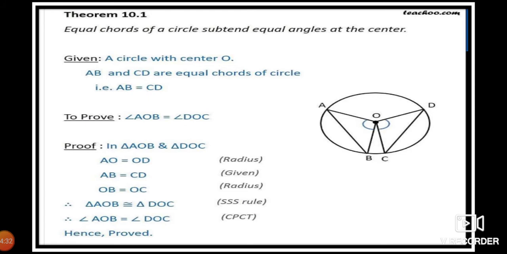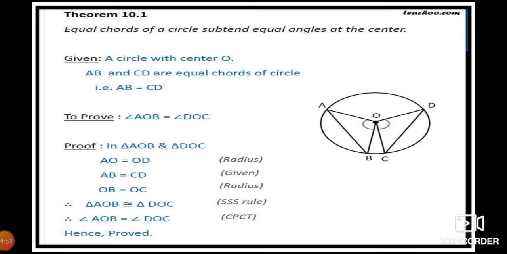Okay, next. Therefore, triangle AOB is congruent to triangle DOC by the SSS rule. We have to observe these two triangles. All the sides are equal. AB equals CD, chords. AO equals OD, they are radius. OB equals OC, they are also radius.